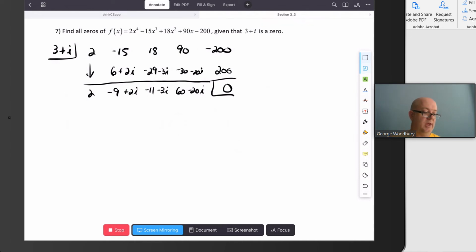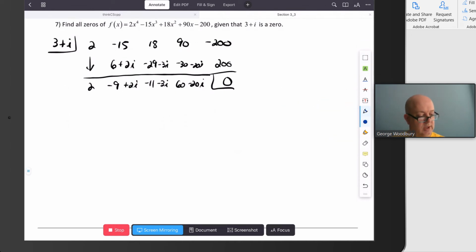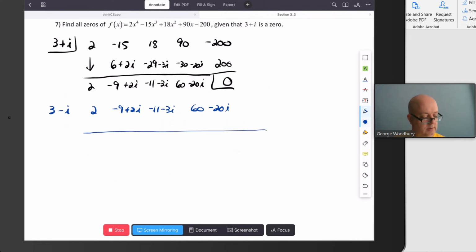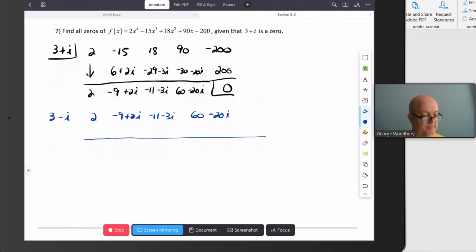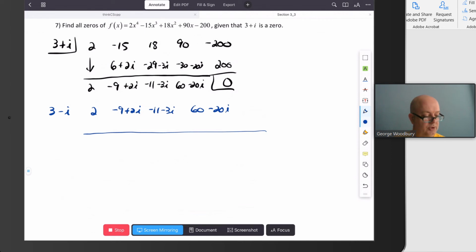I'm going to get rid of it though, and I'm going to do the second step in a different color. 3 minus i is the conjugate, and so that's also a zero. And that's going to go into 2, negative 9 plus 2i, negative 11 minus 3i, and 60 minus 20i. Oops, sorry about that.